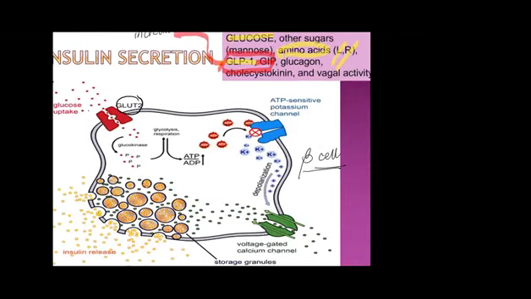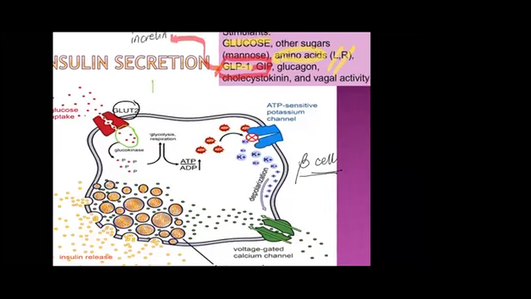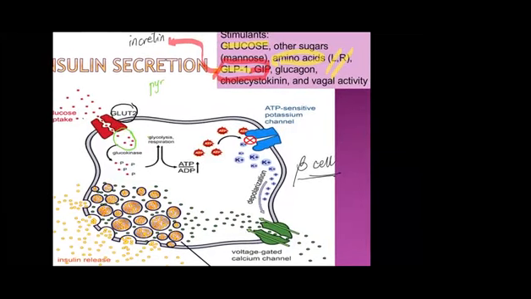Now, once glucose is inside the cytosol of the beta cell, you learned in biochemistry that there are enzymes in the cytosol responsible for the aerobic respiration of glucose. In other words, glucose undergoes glycolysis, becoming pyruvate, and then pyruvate becomes acetyl-CoA, which finally produces adenosine triphosphate.